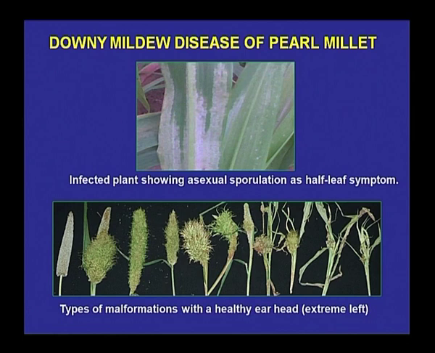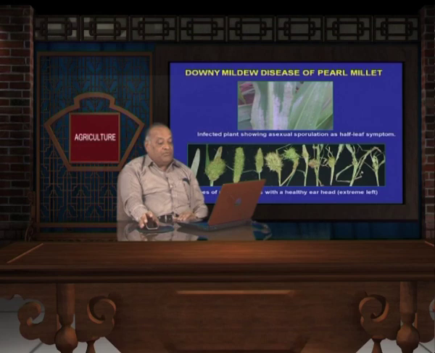This is the healthy ear head on the extreme left, and all these types of malformations we are seeing here, in which the lower half is having green ear. This is the completely malformed ear head. Then this is the tufting, branching, layering, and so many types of Frenching. Different types of symptoms are seen in this picture.